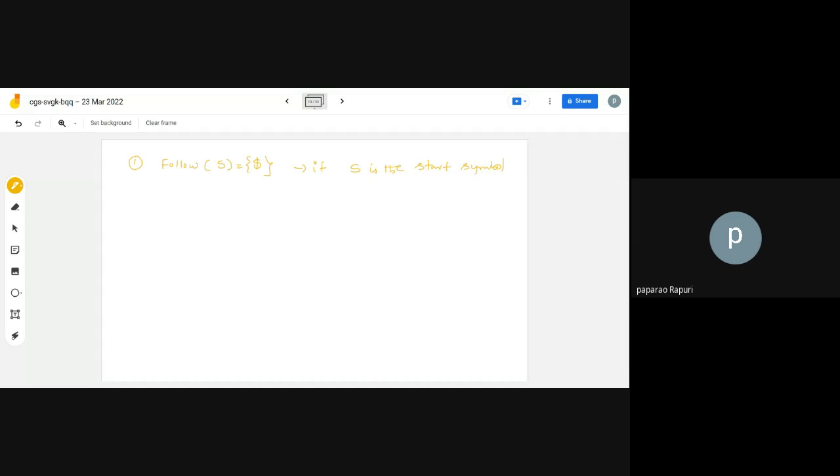So follow of S is equal to $ if S is the start symbol.